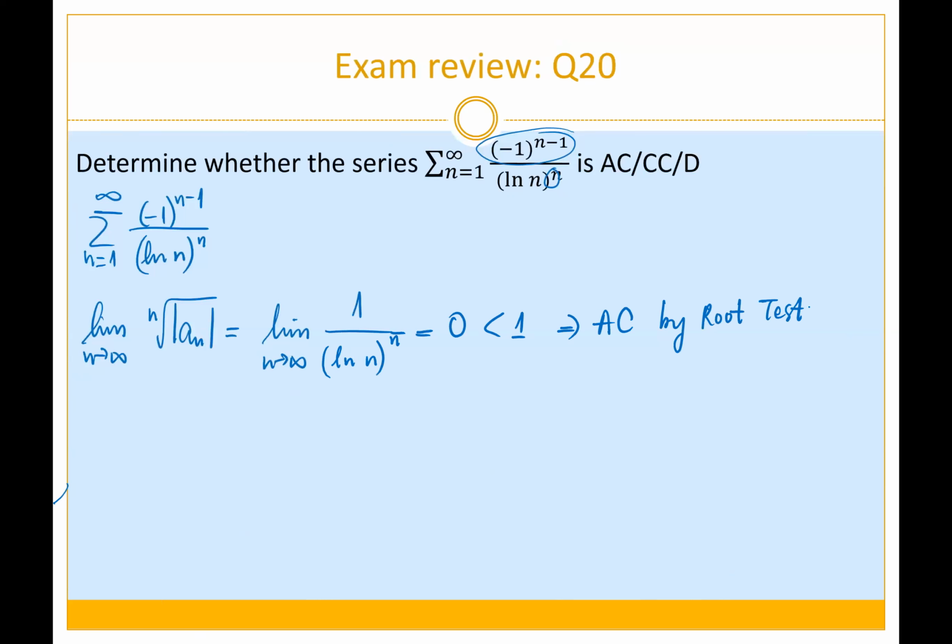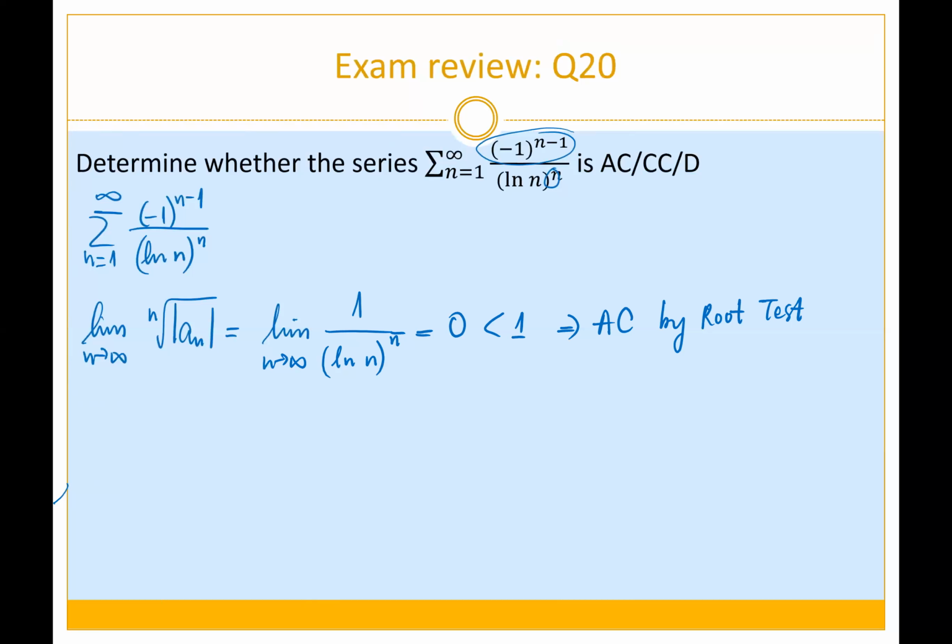Are there any questions so far with this one? I think one of the reasons that whoever got this one wrong is that he or she might use ratio test, and in this case it's going to give us something that we have no clue, or it's really hard to find, because if you do the math, it's going to be ln of n plus 1 to the n plus 1 over ln of n to the n, or ln of n to the n divided by ln of n plus 1 to the n plus 1.